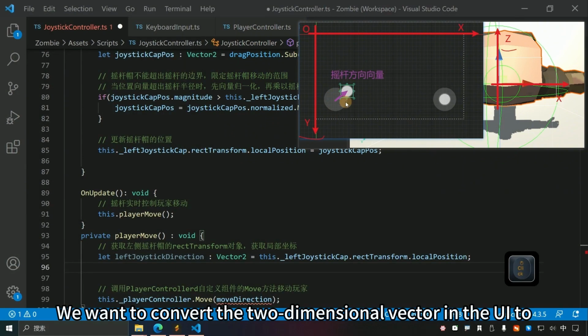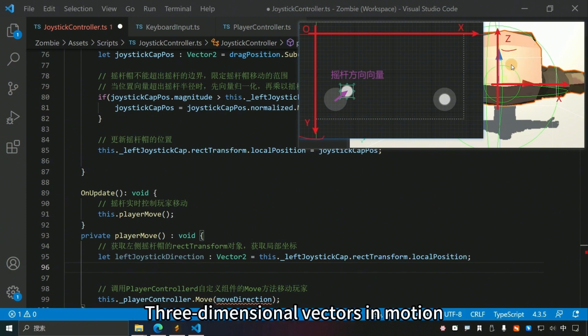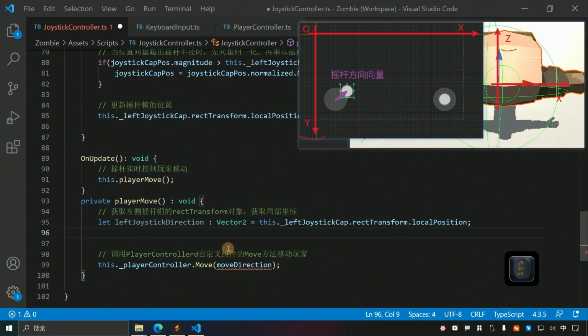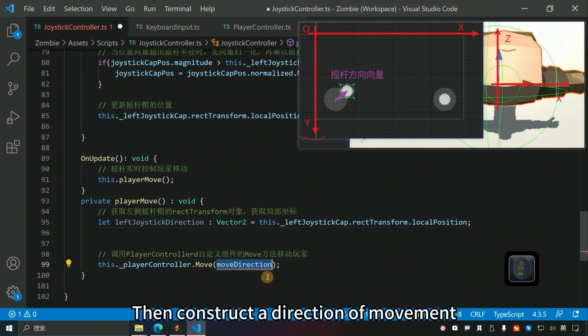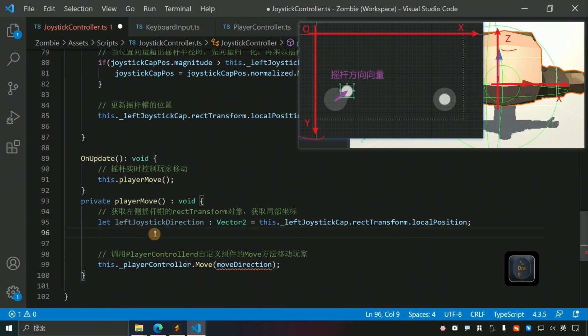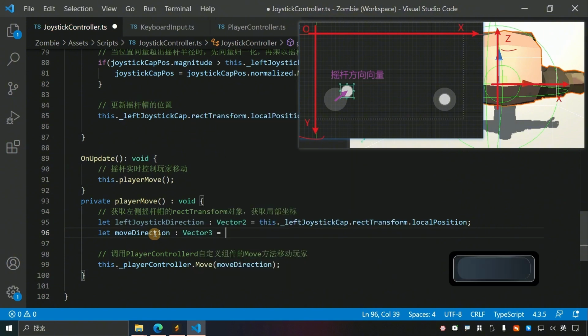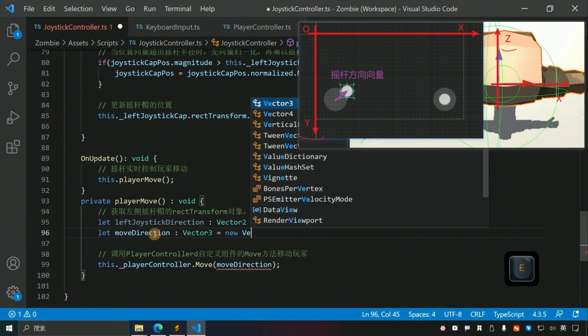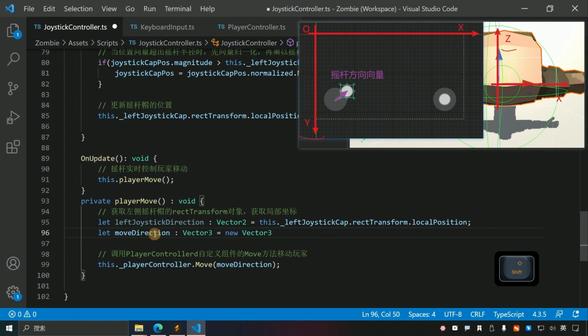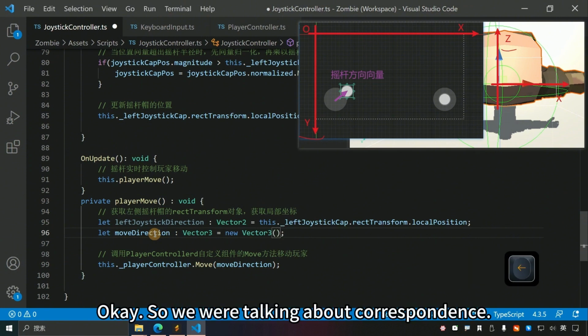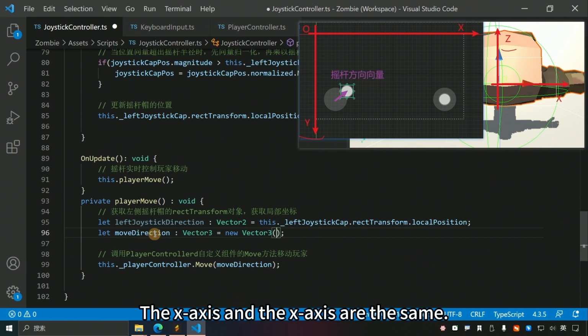So, we want to convert the two-dimensional vector in the UI to a three-dimensional vector in motion, then construct a direction of movement. Okay, so we were talking about correspondence. The x-axis and the x-axis are the same.